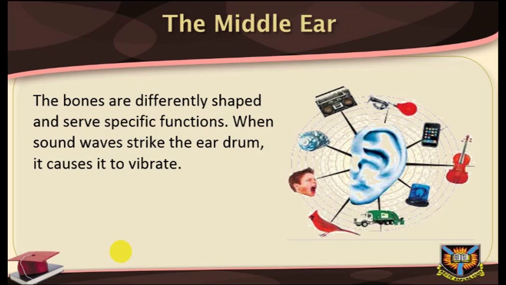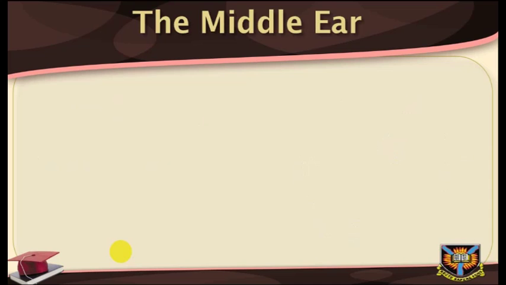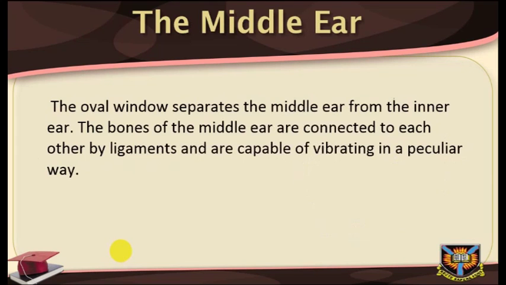The stirrup presses against a membrane called the oval window, which lies at the end of the middle ear. The oval window separates the middle ear from the inner ear. The bones of the middle ear are connected to each other by ligaments and are capable of vibrating in a particular way.